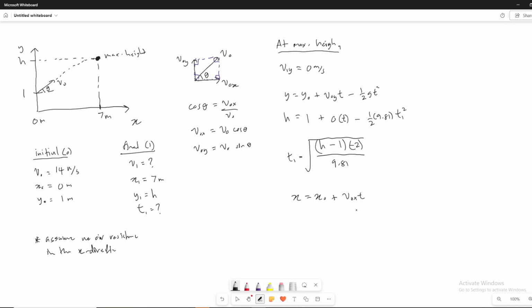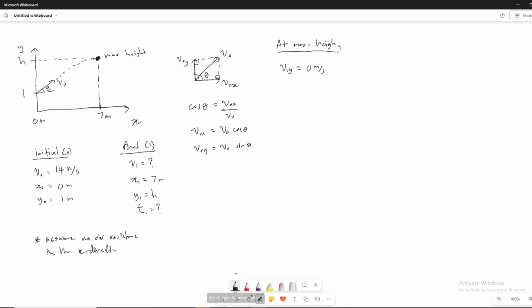Okay, sorry, this is wrong. This is not V naught. V naught y is V naught sin theta. We actually know what V naught sin theta is.